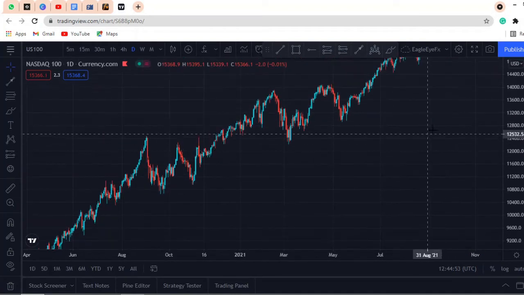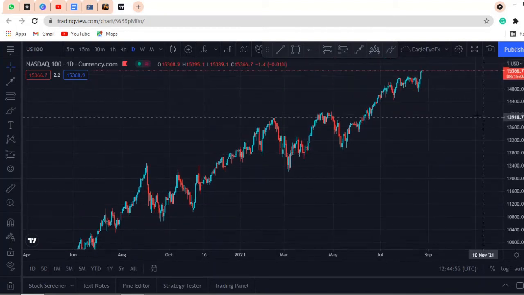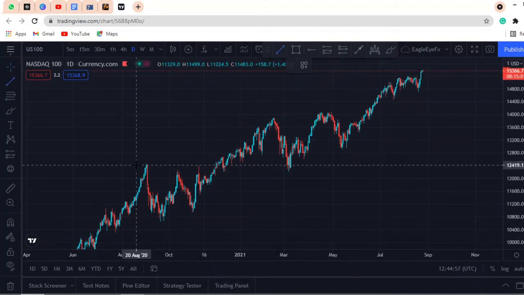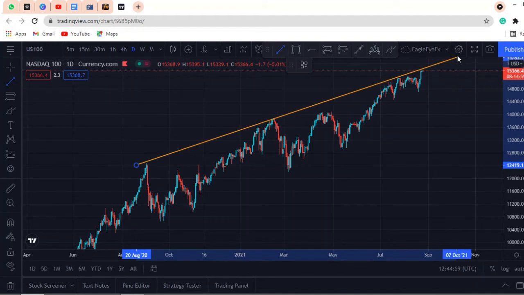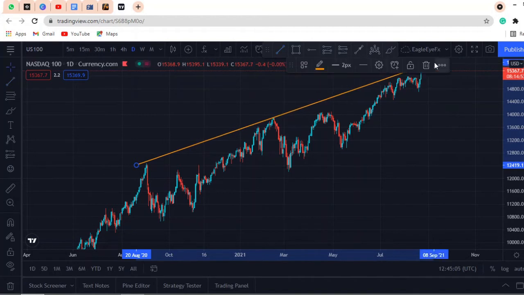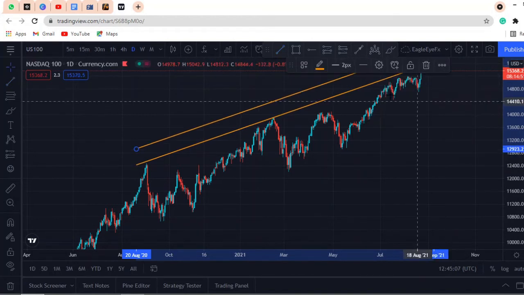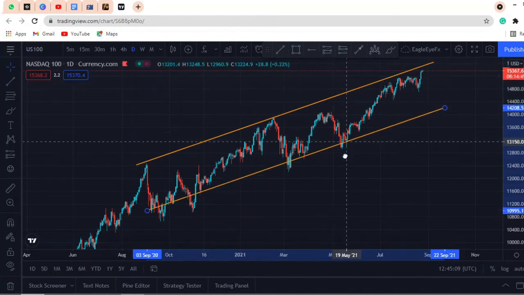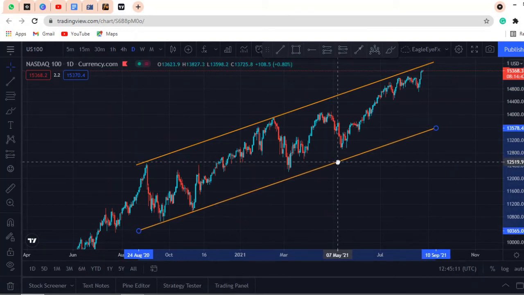So we can draw some trend lines. See the line here. You can draw a trend line over there. Then another one down here.